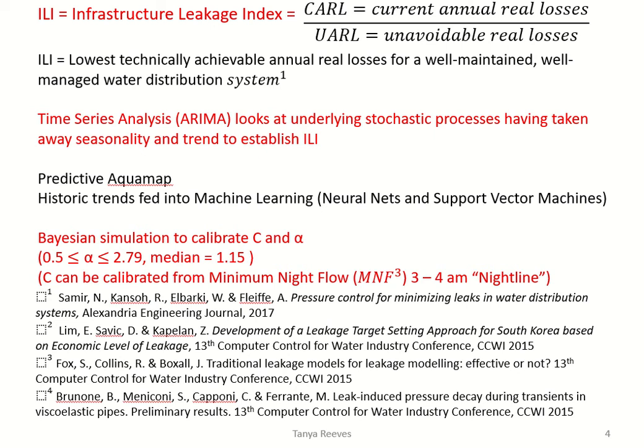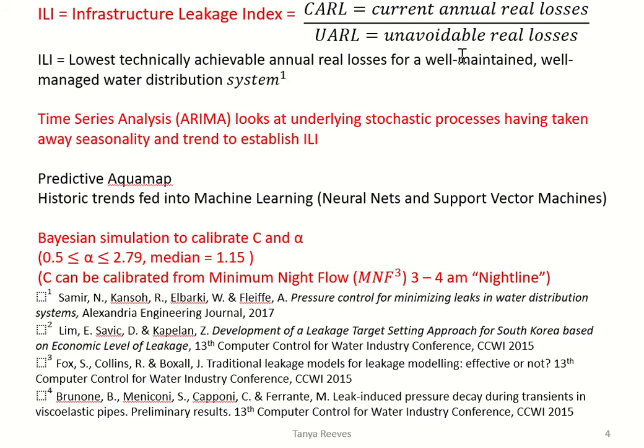So obviously there have been a lot of other studies, and I include here some of the ones that I found very instructive. One of the key indices is the infrastructure leakage index. So this is found by taking current annual real losses and dividing by unavoidable real losses.